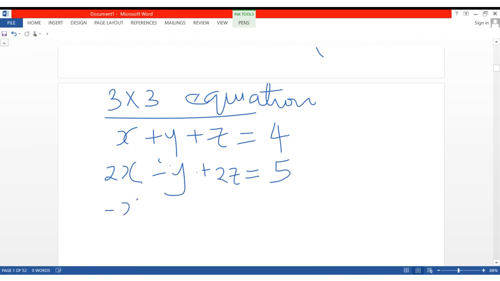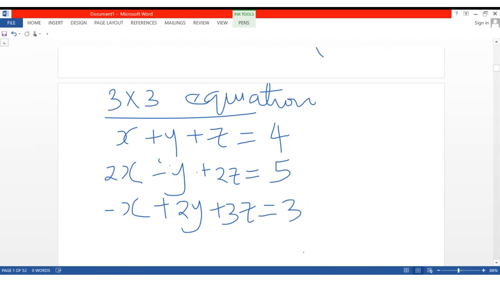Negative x plus 2y plus 3z is equal to 3. So that's the system of equations that I have.